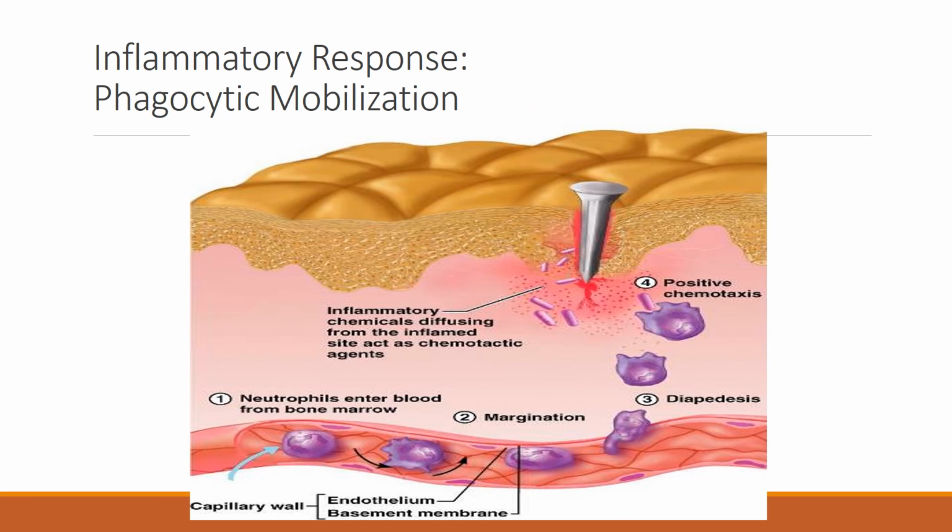And so what we have here is that neutrophils are going to enter the blood, and then we'll have the margination, where they're going to embed within that capillary wall, and then they're going to squeeze out between the spaces in the cells with diapedesis, and then they're going to release different chemicals to have those inflammatory responses come. And again, this happens with neutrophils first, and then it will happen with those macrophages.